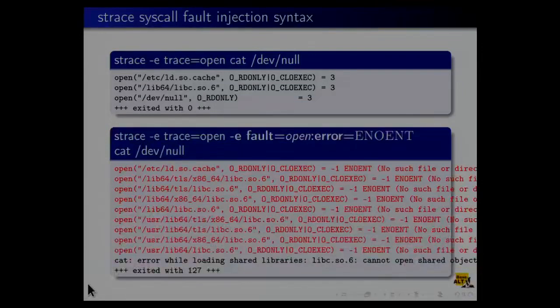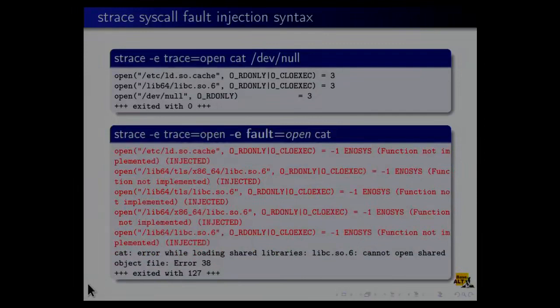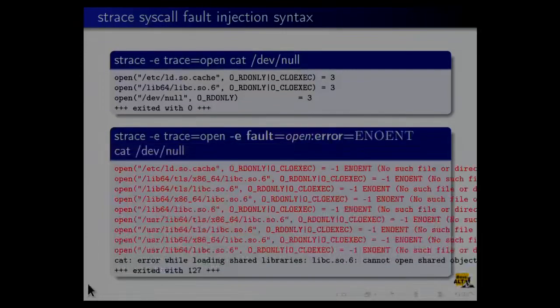Let's change the error code that the dynamic linker will get from the default one, which is ENOSYS, function not implemented, to something that has a different meaning for the dynamic linker. As you see, it tries twice as many locations when it sees this error code in the end.